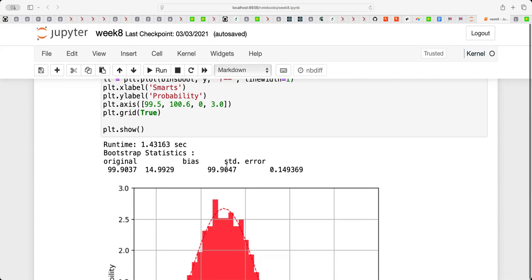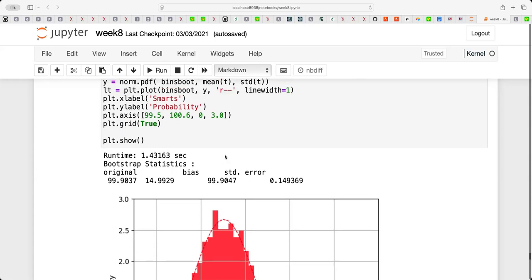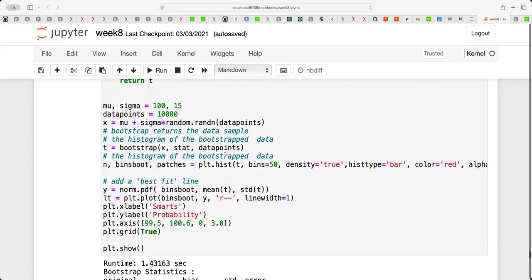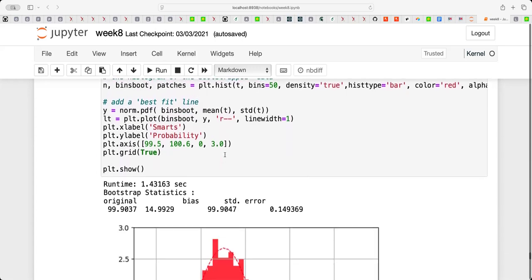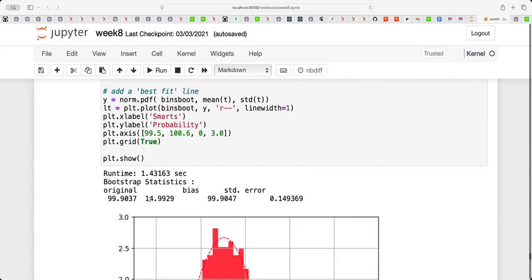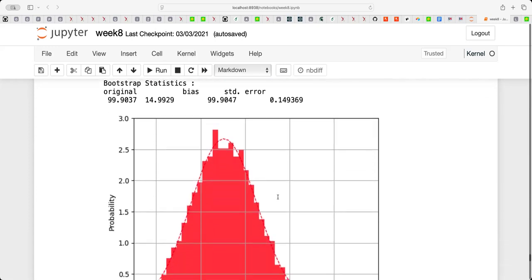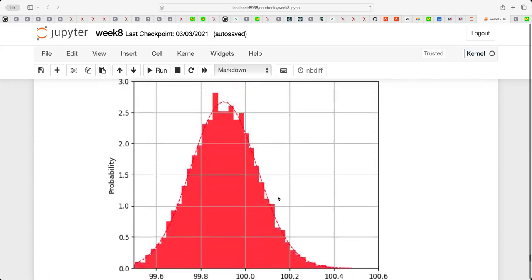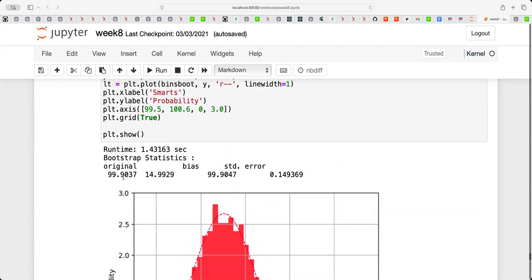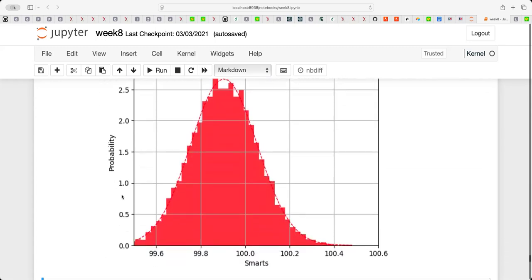Then, when I now do this resampling 10,000 times, you see now that this goes from 15 divided by the square root of 10,000, which is 100, and you see that it's reduced by 100. So what happens then is that my previous distribution had a mean value, which was 100.